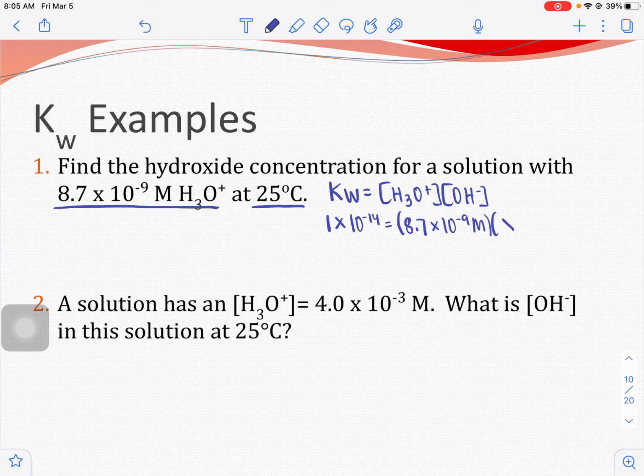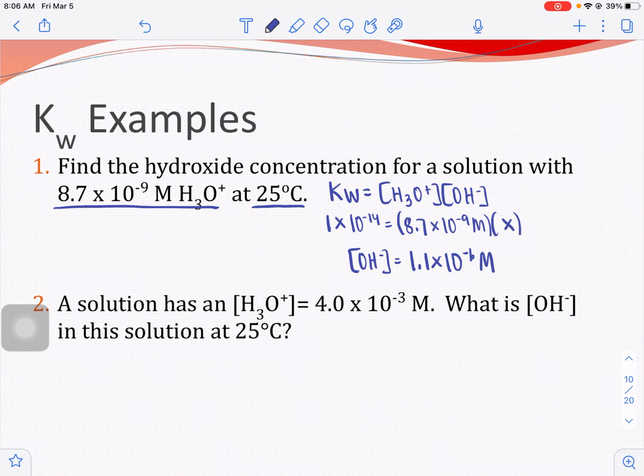And we can figure out, well, what would the hydroxide concentration be in that case? For some reason I don't have it worked out on my calculator. So we would do 1e negative 14 divided by 8.7e negative 9. So our hydroxide concentration would be 1.1 times 10 to the negative 6.